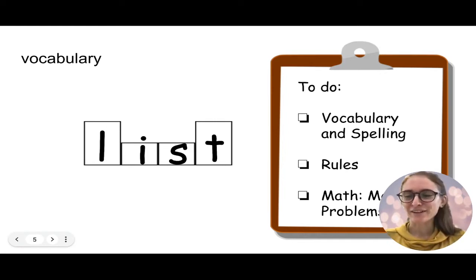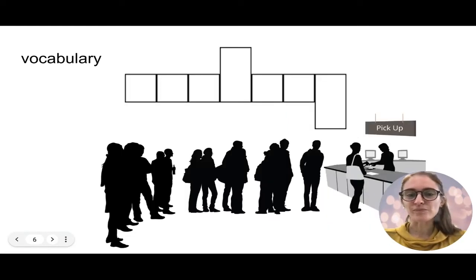Our next vocabulary word. Here there's a lineup of people. They are doing what? They are waiting. So we have the root word is wait. And then we have the ing at the end. I am waiting in line.